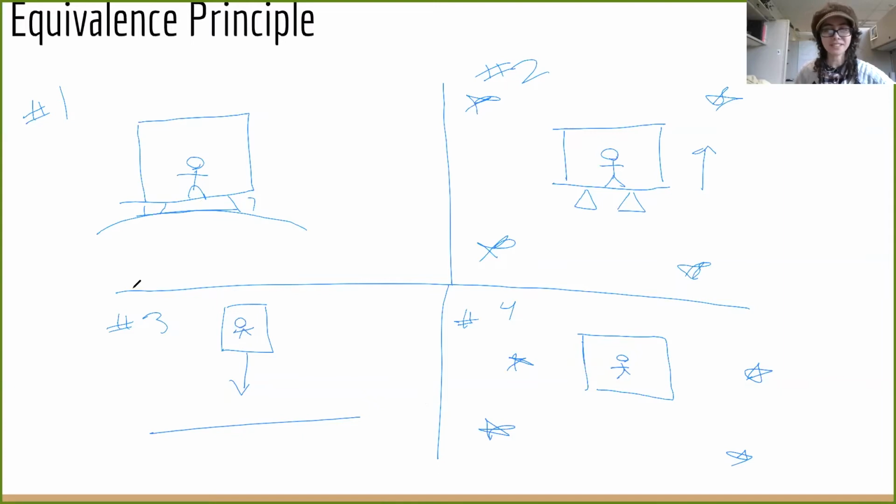So one of the reasons that Einstein is so famous is because he saw these pictures. I really want to say these two pictures, even though I drew four. He saw these pictures, and he proposed that they're actually the same picture, which is a very bold statement. He proposed that being under the influence of a gravitational field is equivalent to experiencing an acceleration.